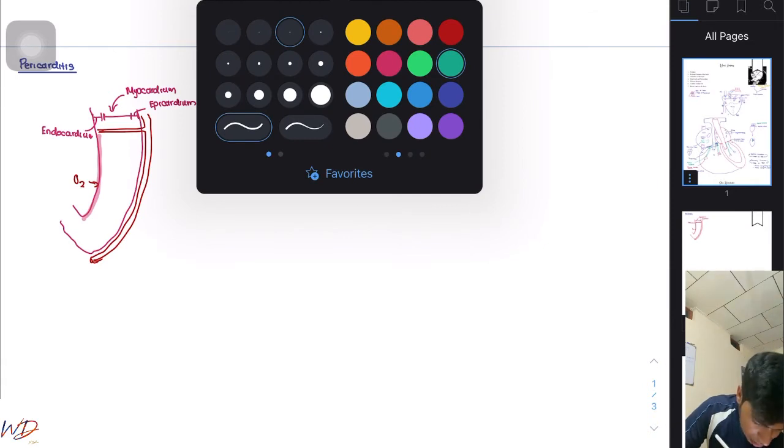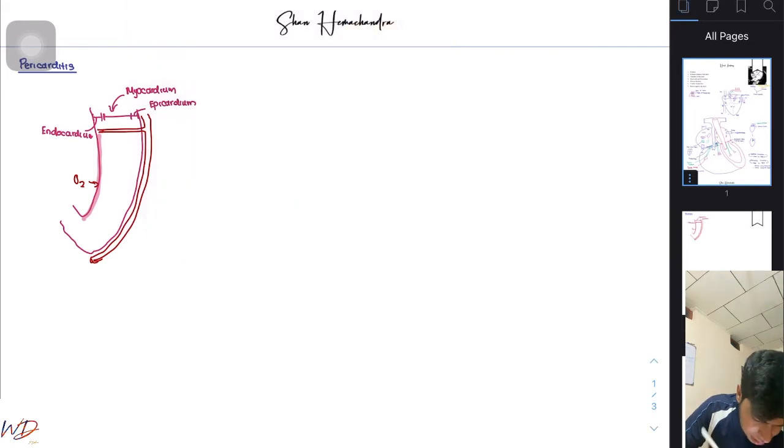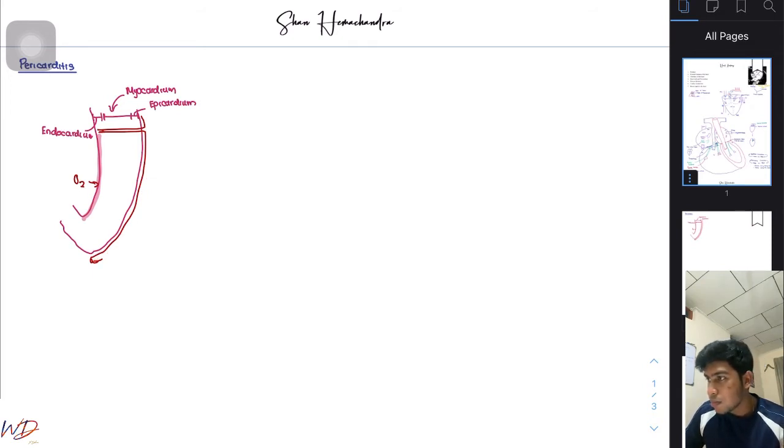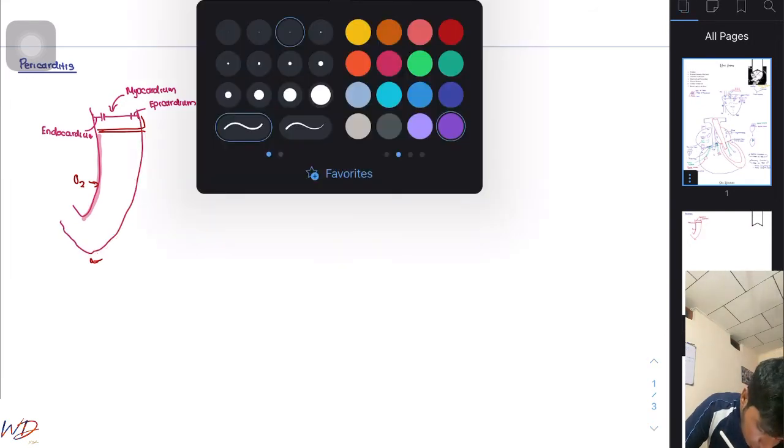But the topic we are discussing is pericarditis. Now, this is the myocardium. This is the cardiac wall. Out of that, we have the pericardium. The pericardium is outer to the epicardium.